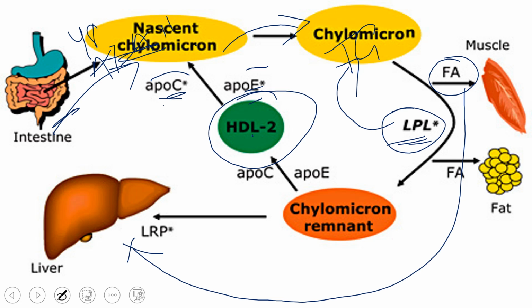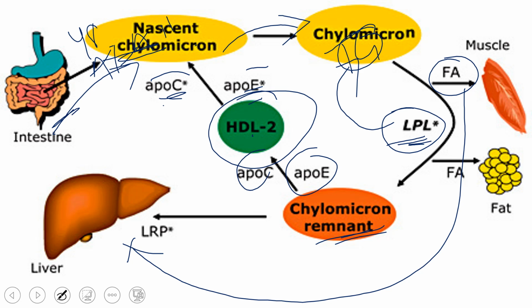Now this chylomicron has a lesser amount of triglyceride because maximum triglyceride has been digested by this LPL. So this chylomicron loses its triglyceride and is converted into chylomicron remnant. Now this remnant also loses ApoE and C, giving them back to the HDL. So chylomicron remnant has a lesser amount of triglyceride.